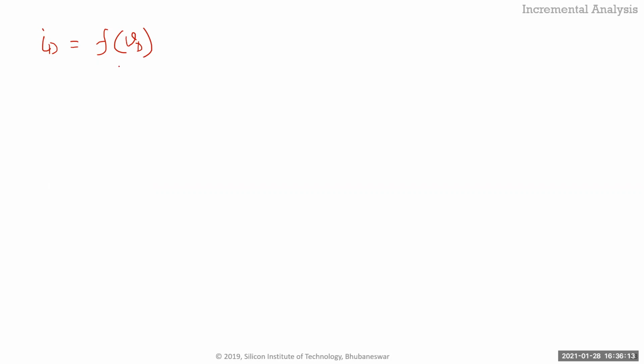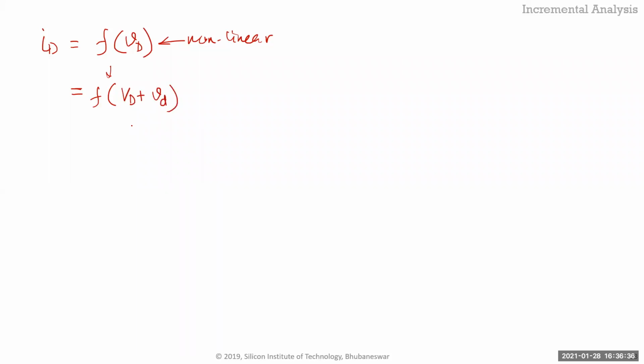Okay. So essentially what we are saying is this is a nonlinear function, and we are taking a Taylor expansion of this. I can break this down to a function which is the DC part of it and the small signal part of it.